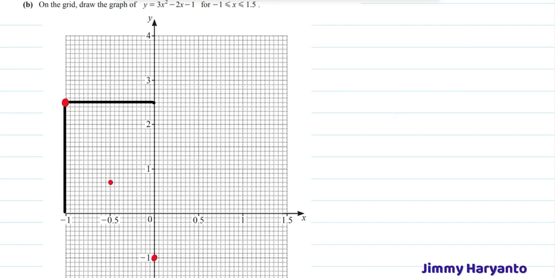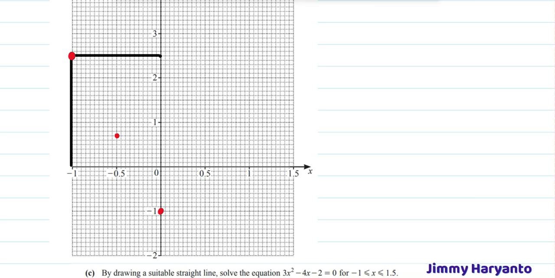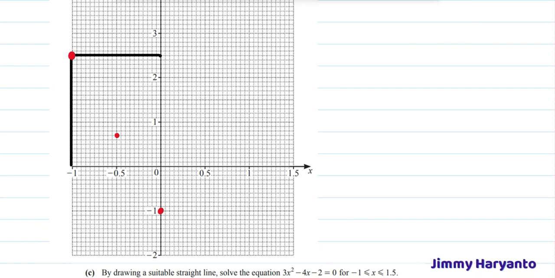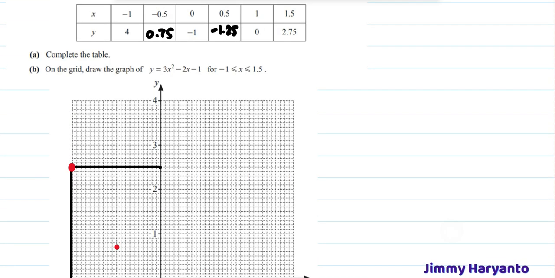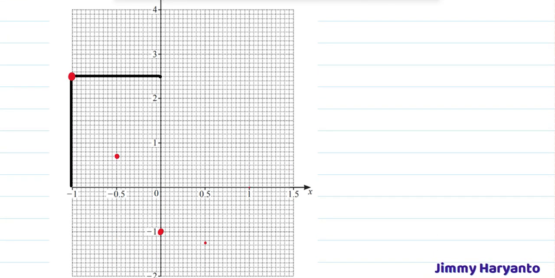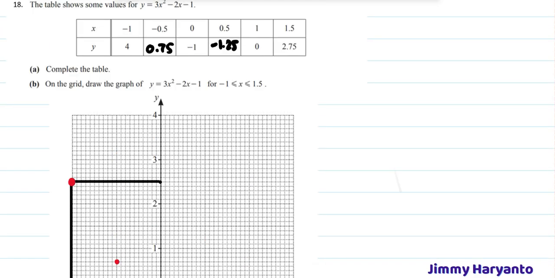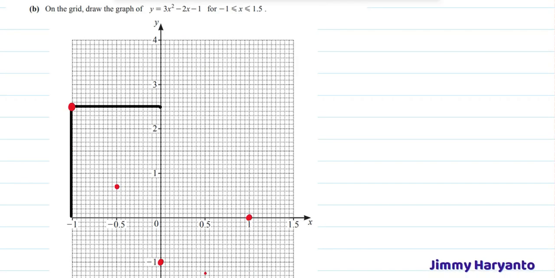0.5 with negative 1.25. Negative 1 point, oh right there, 25. Okay, and then 1, 0, and the other part is 1.5, 2.75. 2 is right here, 2.2, 2.4, 2.6, 2.7, 2.75.